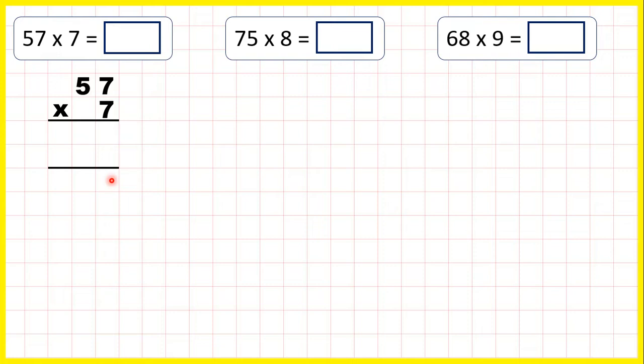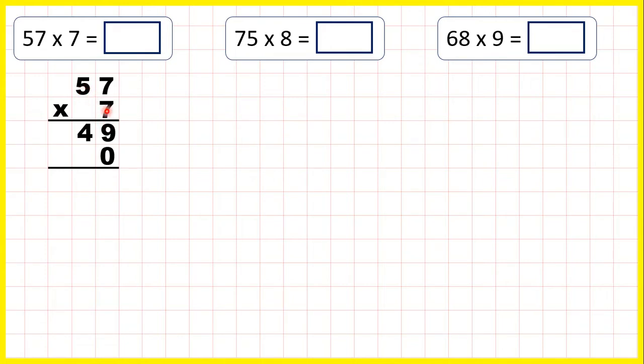Now for our first answer line, 7 times 7 is 49, but now for our second answer line we need to write a 0 in the ones column. That's because we're multiplying the 5 that's in our tens.